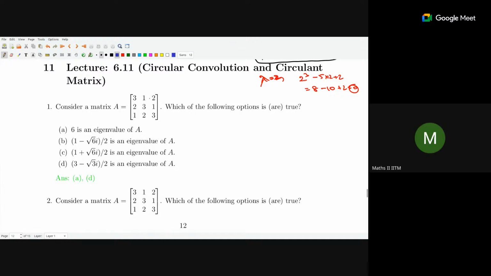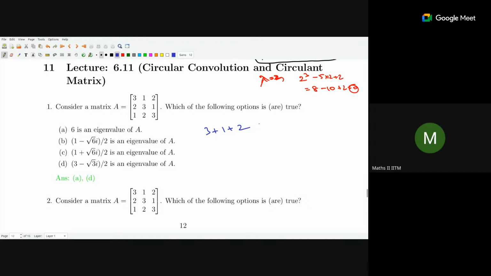So for this kind of matrices, you can straight away say one eigenvalue is the row sum. If you compute the row sum here, you will get 3 plus 1 plus 2. You don't need to compute det of A minus lambda I, equate it to 0, solve the resulting equation and then get the lambda values.